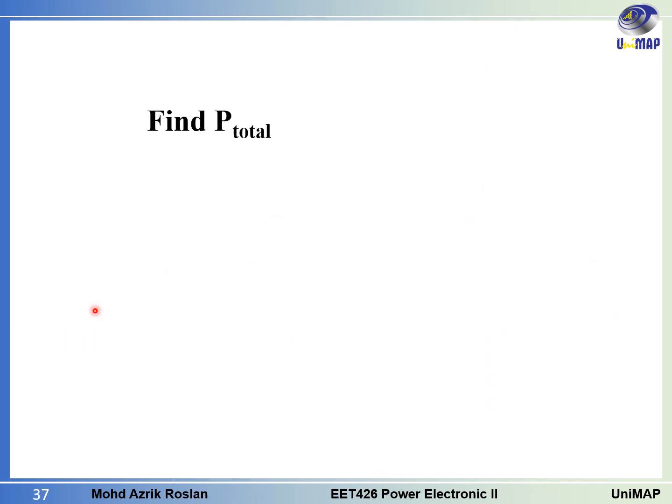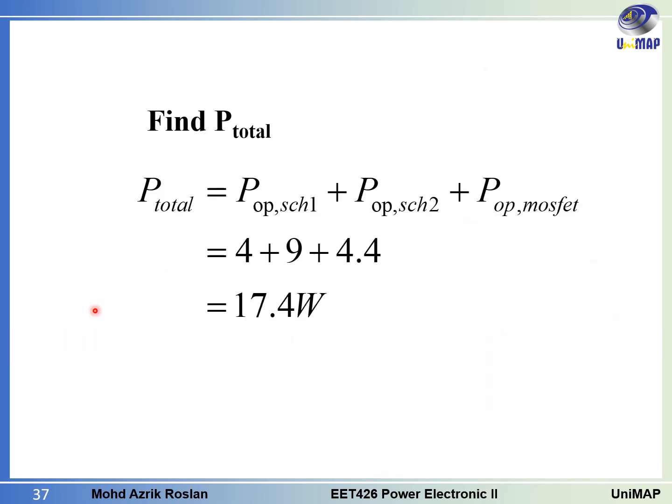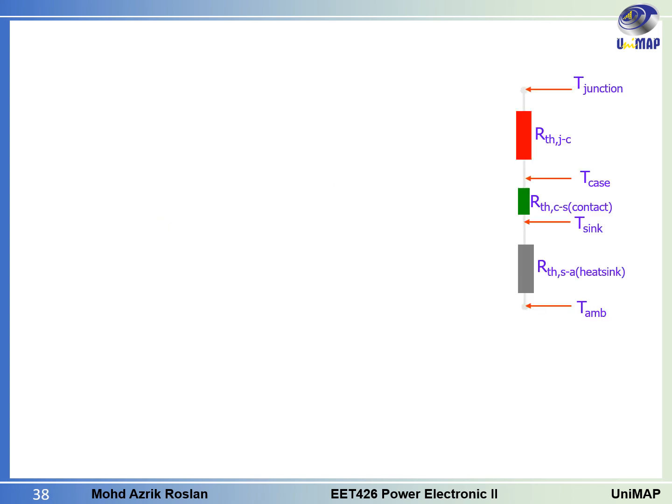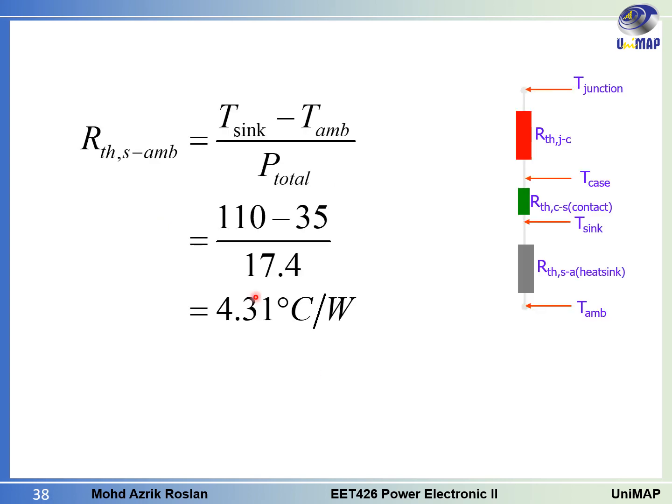Then we have to find the total power: Schottky 1 plus Schottky 2 plus Mosfet, and the total power is 17.4 watt. As usual, we want to find the thermal resistance from sink to ambient: T sink minus T ambient, 110 minus 35 divided by 17.4, you will get 4.31 degrees C per watt.